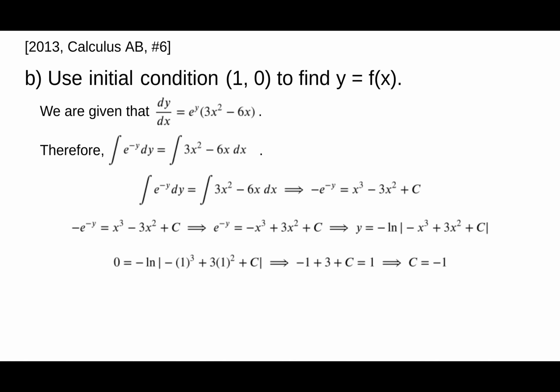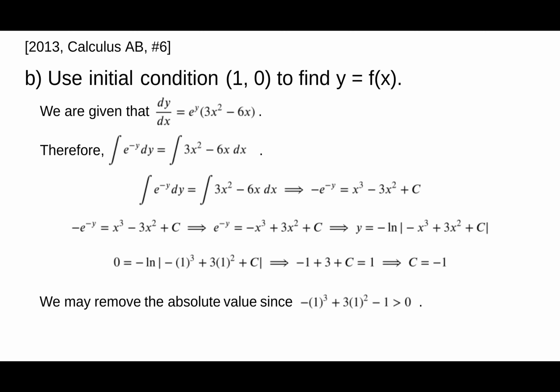All right, so if we use our initial condition here, we know that y is supposed to be 0 and x is supposed to be 1. So 0 is the negative natural log of the absolute value of -1³ + 3(1)² + c. And this would allow us to conclude that c is -1.